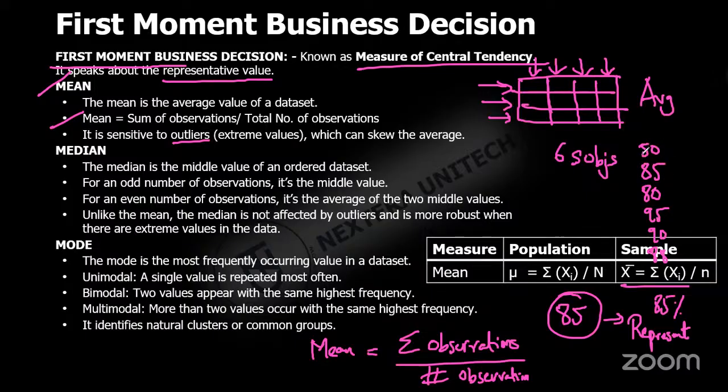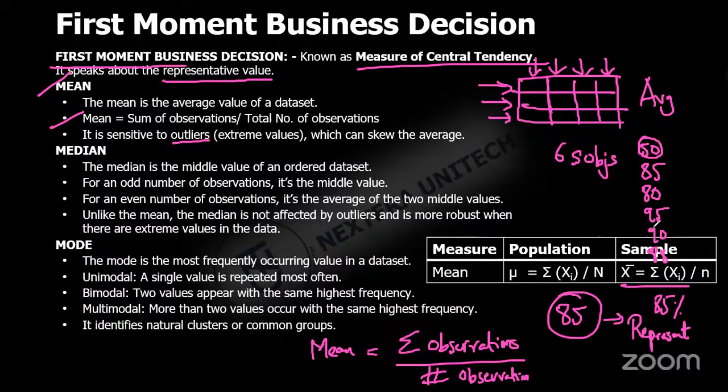If you compare this 50 with other marks, will it be an outlier? Will it be an extreme value? Yes, it is an extreme value. So extreme values in the data set are called outliers. And because of these outliers, the mean value gets influenced. The mean value gets affected.